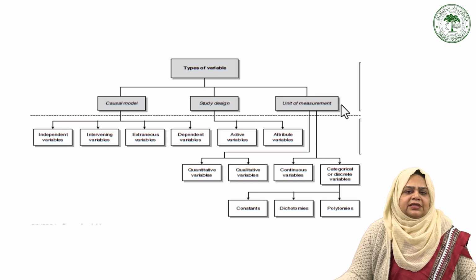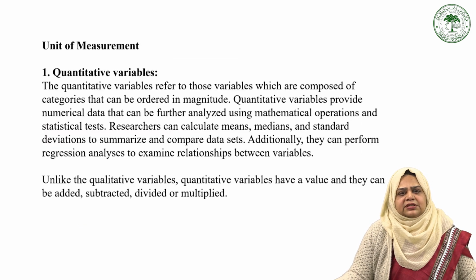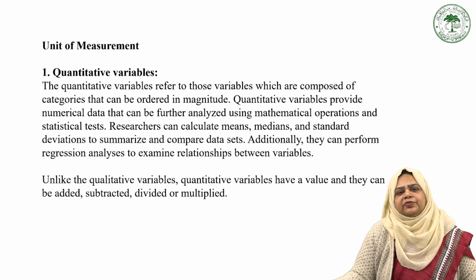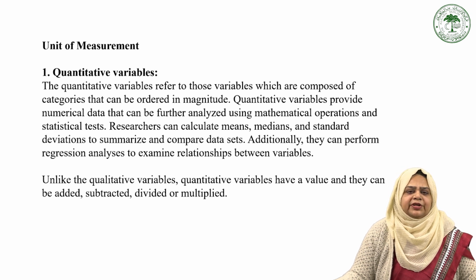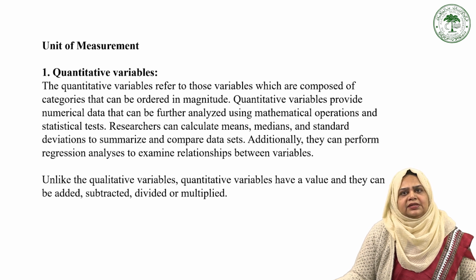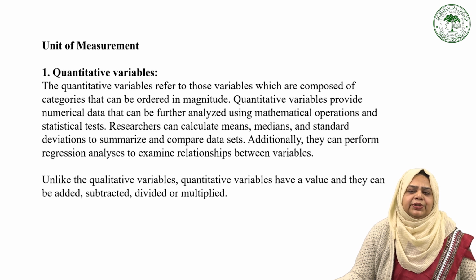And you can see from this figure that there are different categories of variables on the basis of their measurement unit. And the first variable on the basis of unit of measurement is quantitative variables. These variables consist of categories that can be arranged in a specific order based on their magnitude.